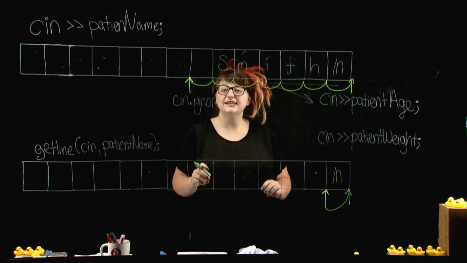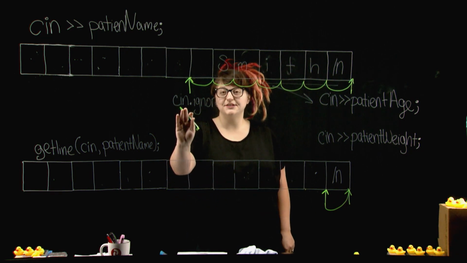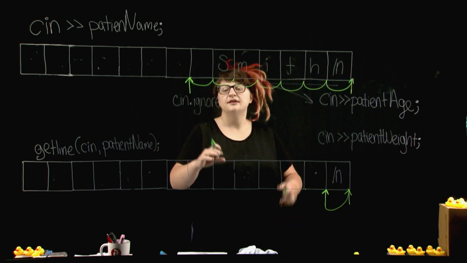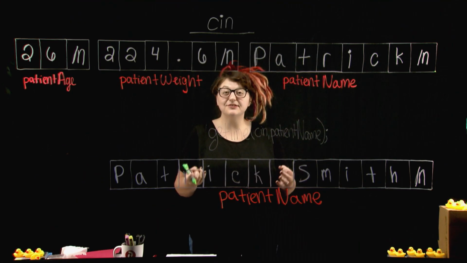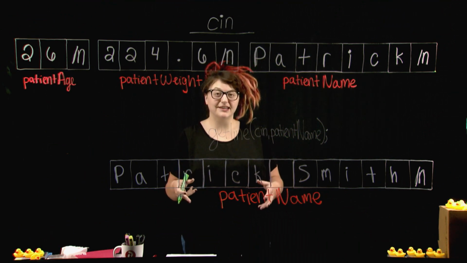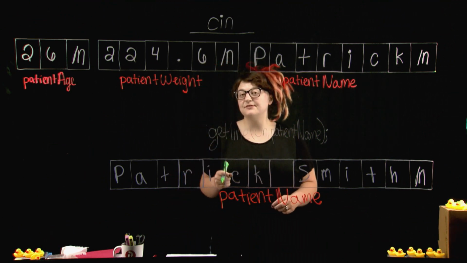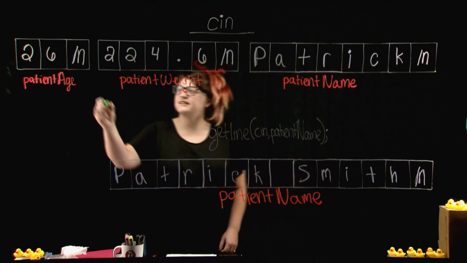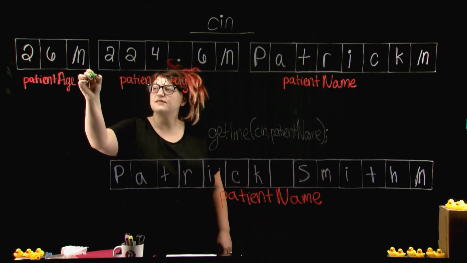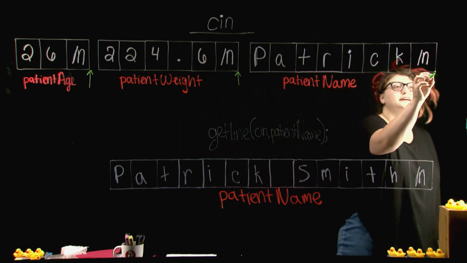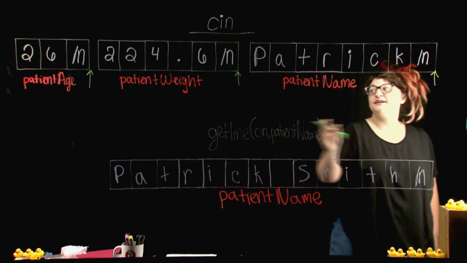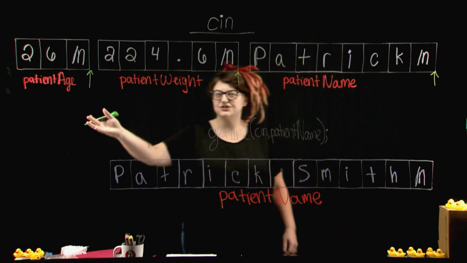Now, that being said, this doesn't mean that you have to use a cin.ignore after and before every single cin statement. Since we know that cin is going to read all the way through our new line characters, if you only use it to collect data without spaces, basic cin should never leave any information in the buffer for you. So this is things like first names, patient weight, patient age.